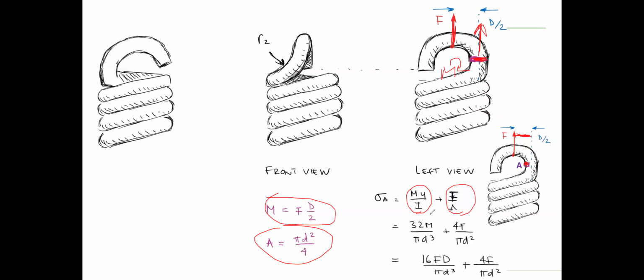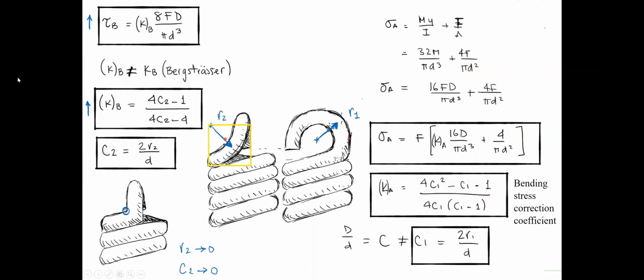One is the bending stress and the other is the normal stress. And we can simply calculate sigma A, which equals this term. Sigma A we already got equals this term.